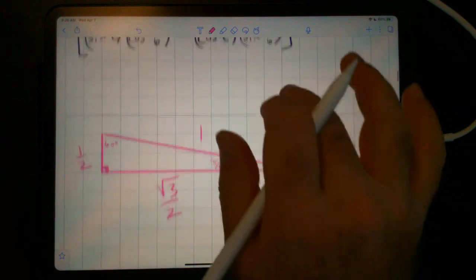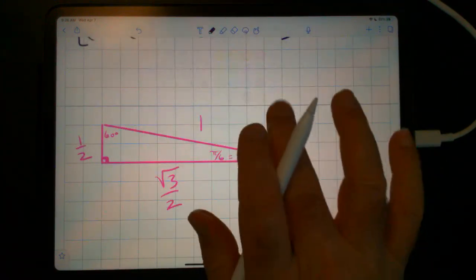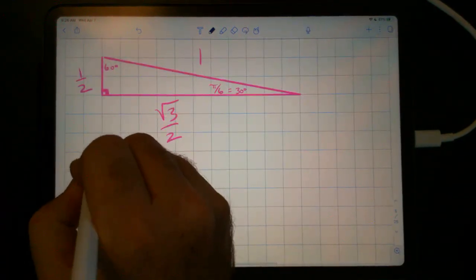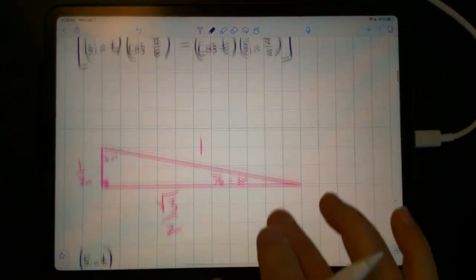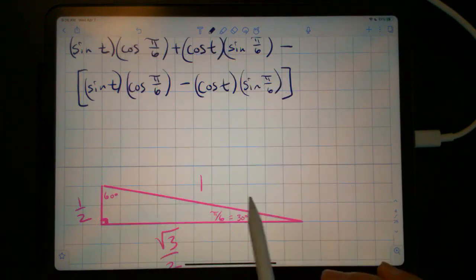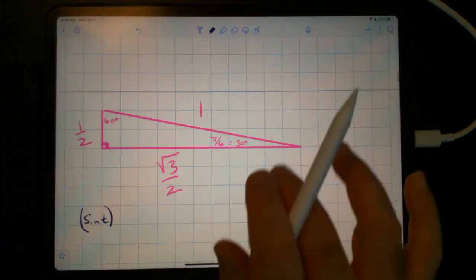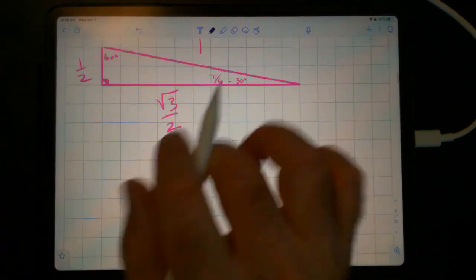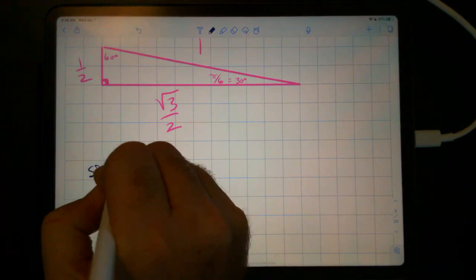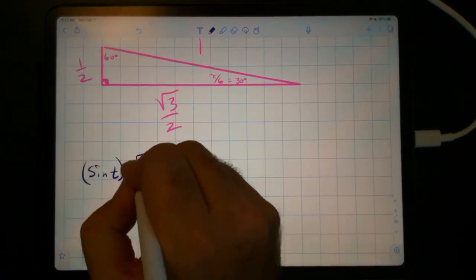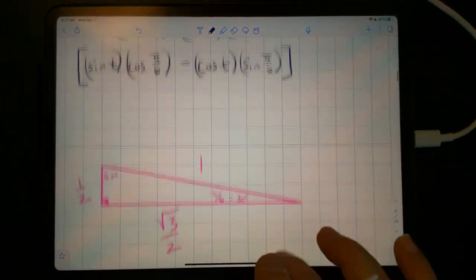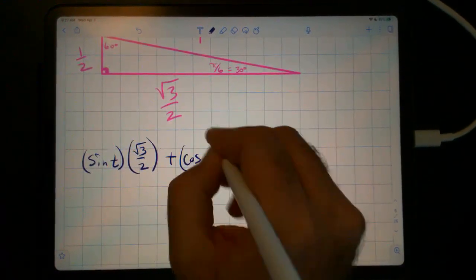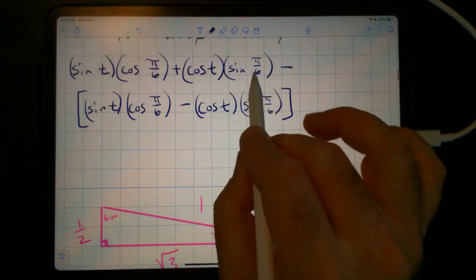So we have sine t times cosine pi over 6. But cosine pi over 6 is radical 3 over 2. And then we will be adding cosine t times sine of pi over 6.